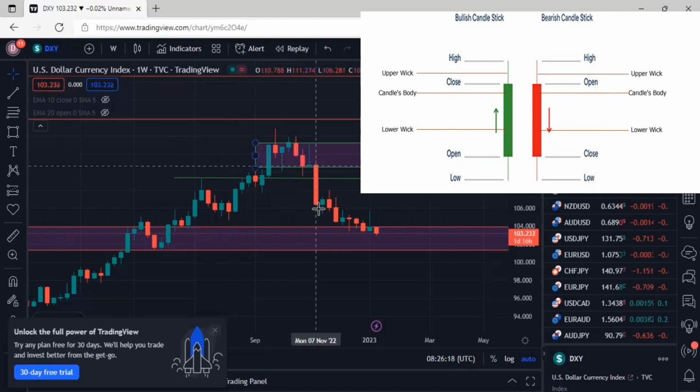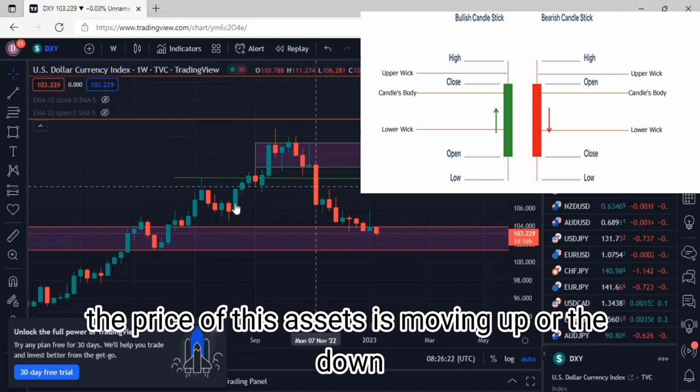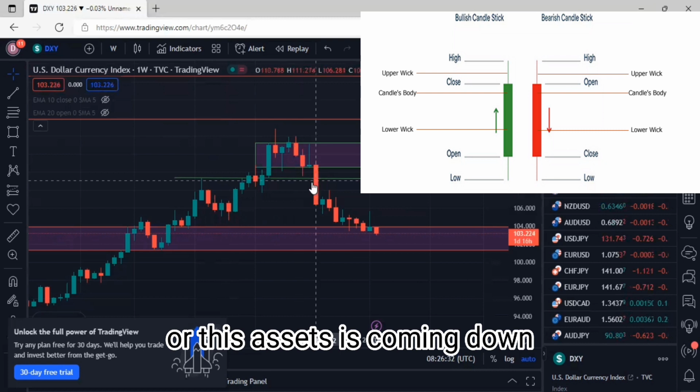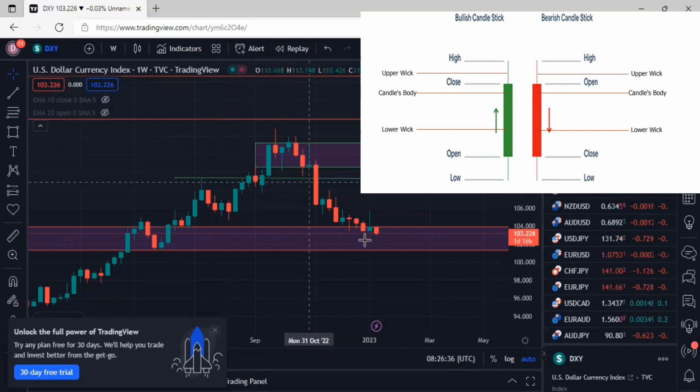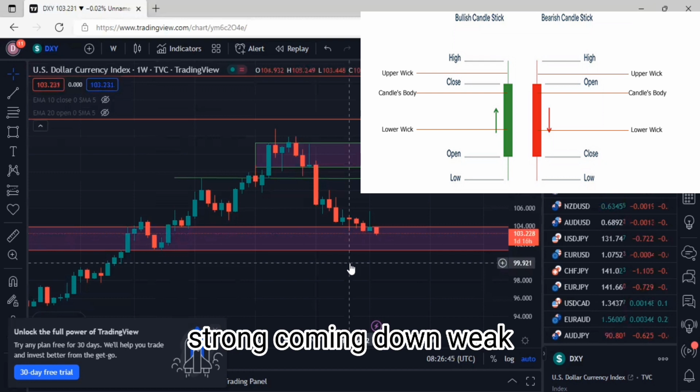One shows you that the price of this asset is moving up, and the red one shows you that the price of this instrument is coming down.